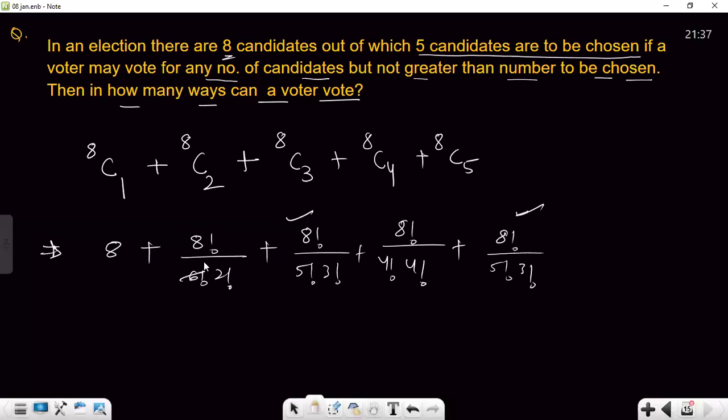Let's solve. 6 factorial cancels 8 factorial by 8 into 7. 2 cancels by 4. 4 into 7 becomes 28. 5 factorial cancels 8 factorial by 8 into 7 into 6. 3 factorial is 6. 8 into 7, 56. 8 factorial gets cancelled by 4 factorial into 8 into 7 into 6 into 5 into 4 factorial. 4 factorial is 24. 4 factorial can be written as 4 into 6. 6 cancels 6. 4 cancels 8 by 2.